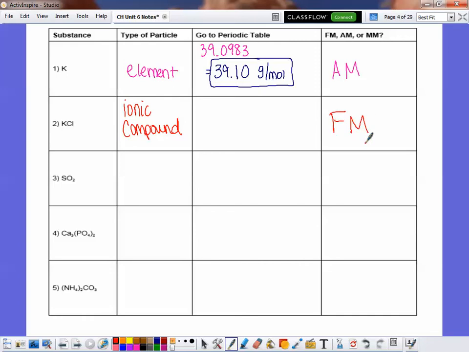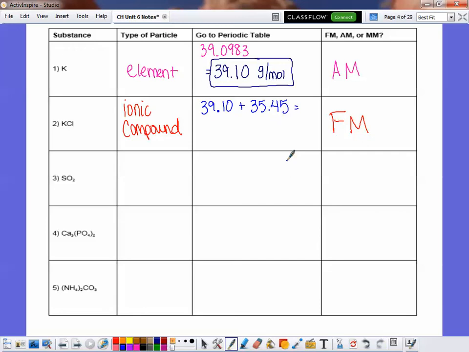So this one we actually have to do a little bit of math here. We just pulled potassium's molar mass from the periodic table in the previous one, 39.10. And then we're going to add that to chlorine's mass. Remember, when you pull it from the periodic table, round it to 2 decimal places. What is chlorine's mass rounded to 2 decimal places? 35.45. So add those 2 numbers up and then make the unit what?